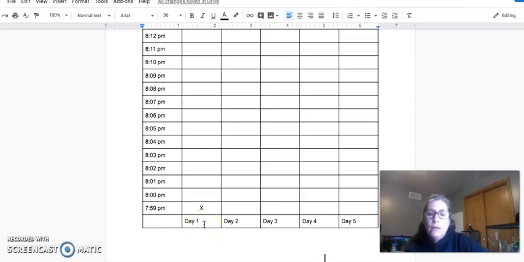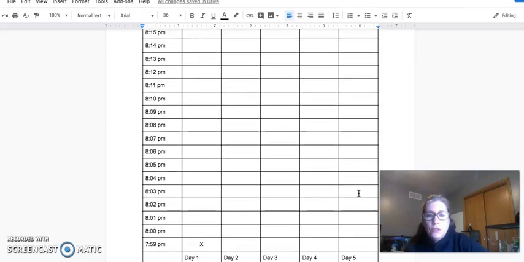So for day 1, the sunset is happening at 7:59, so I put an X for 7:59. So you should have one X in each column for each day as you do your observations, and we will be looking at that information again when we do our next video. So please make sure that you're getting all 5 of your days in there.